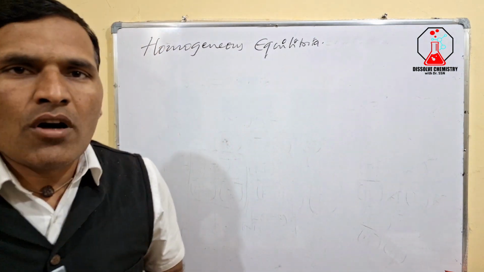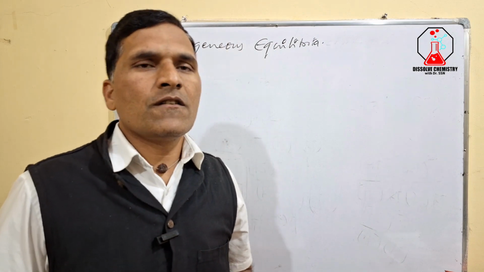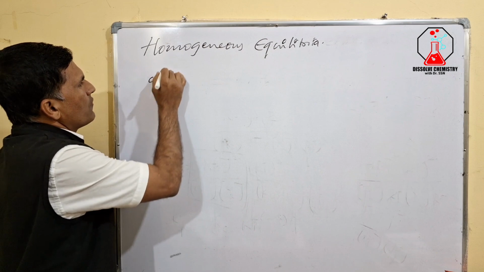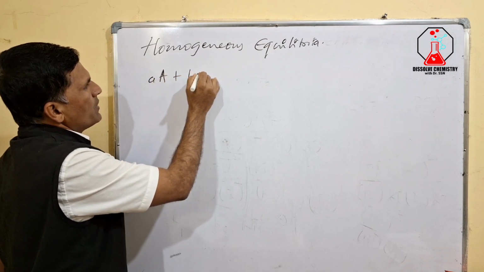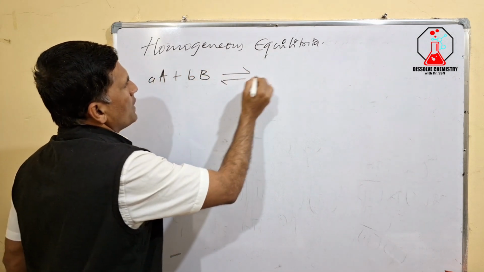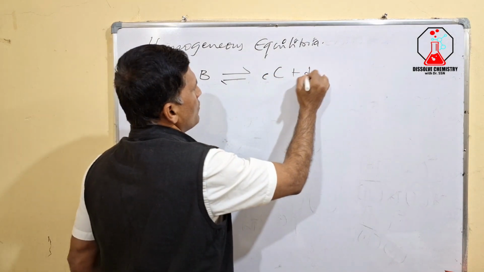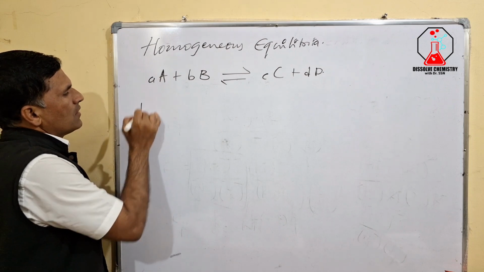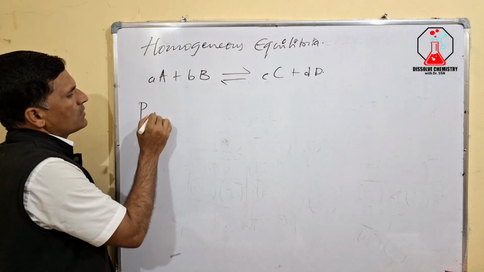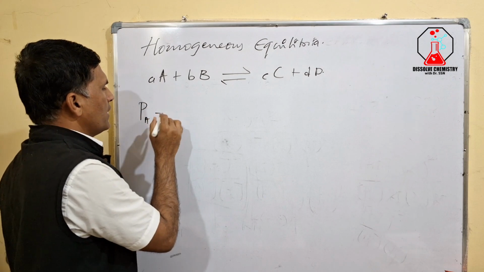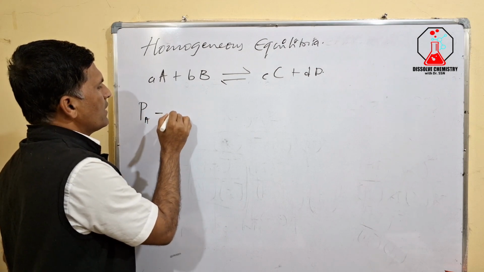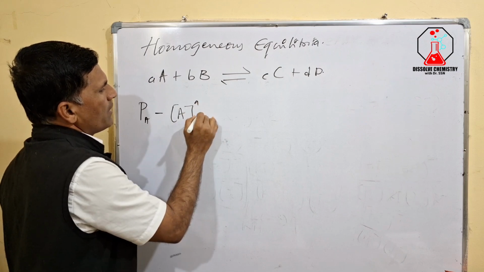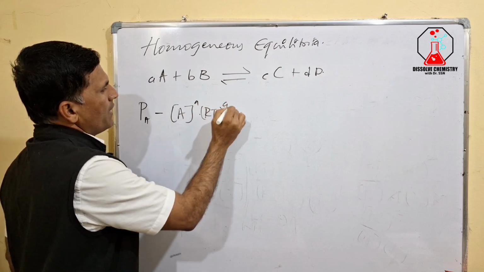To get the general form of the Kp equation, we will consider a general equation: a moles of A combines with b moles of B to give c moles of C plus d moles of D. Let PA be the partial pressure of A, given as molar concentration of A raised to the power a into RT raised to the power a.